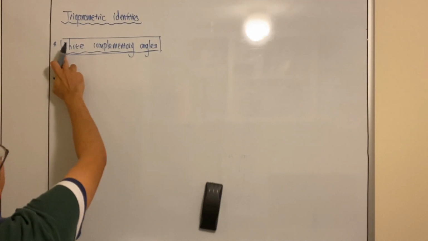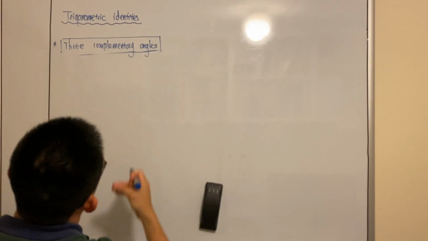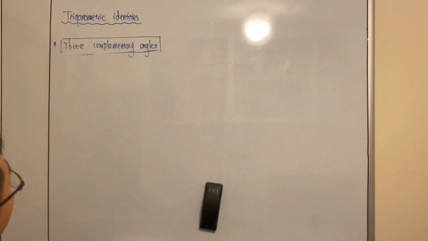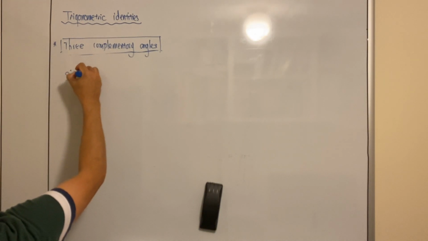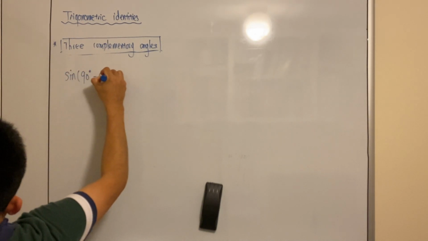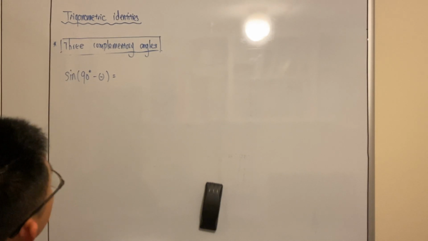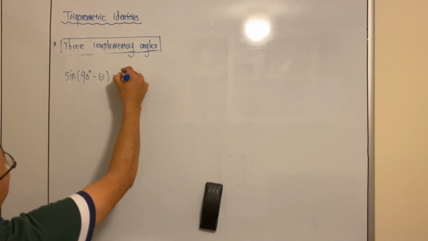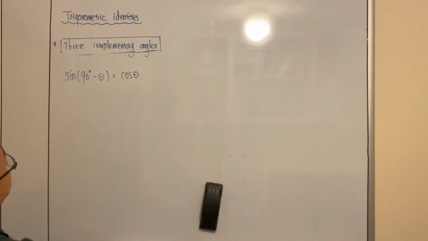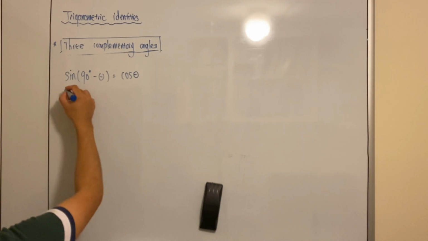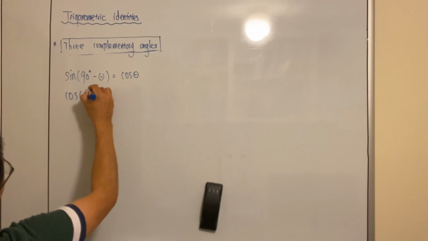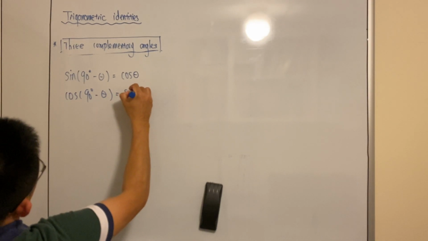So we do have some properties in trigonometry we can write formulas about. The first one is sine 90 degrees minus theta. What is sine 90 degrees minus theta? It's actually cosine theta. And vice versa, cosine 90 minus theta is equal to sine theta.